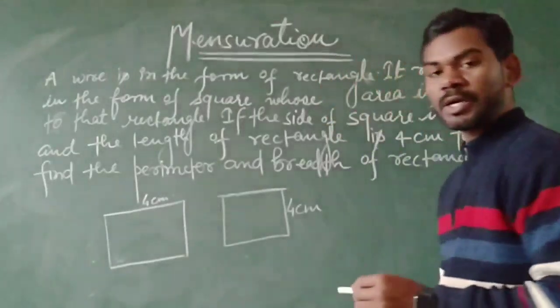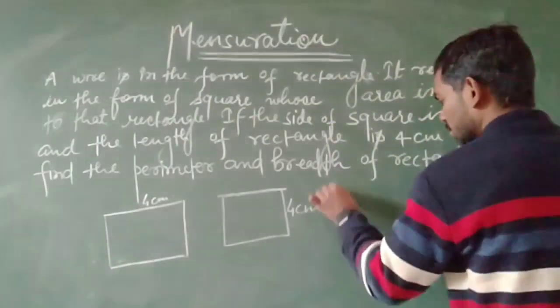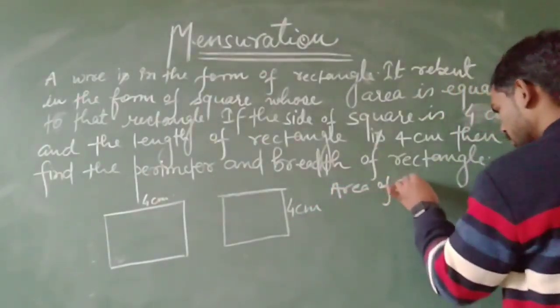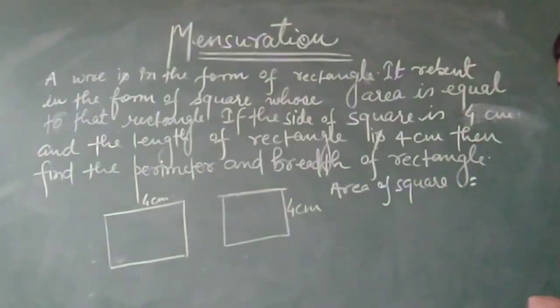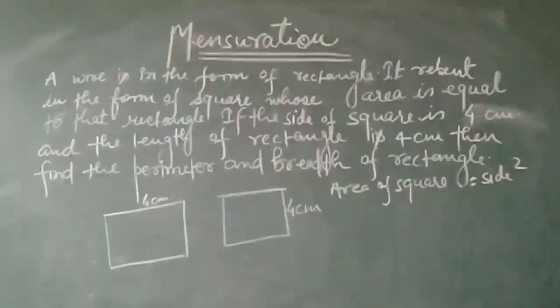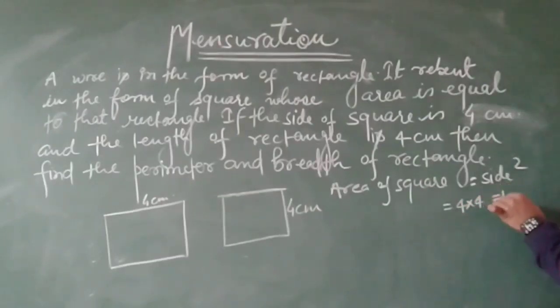First of all, we find the area of the square. The area of the square is given by side squared. Putting the value, 4 into 4 equals 16 centimeter square.